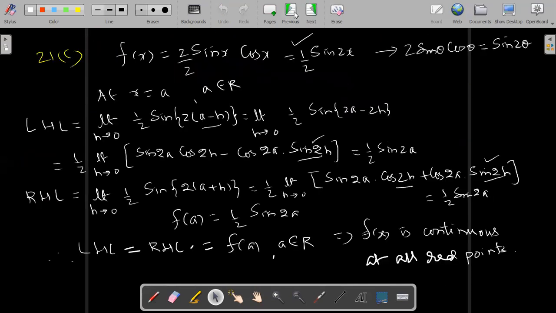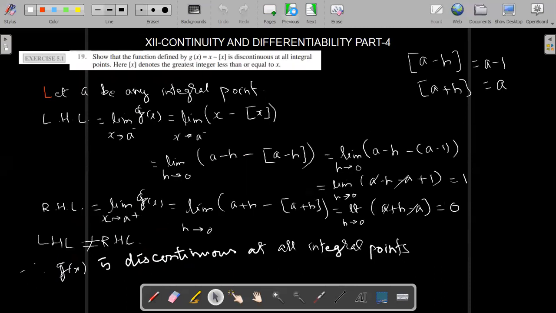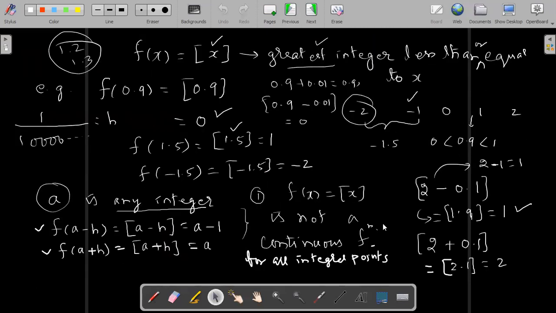Then go back. Yeah, this is the greatest integer. This is the definition: a minus h gives a minus 1, and a plus h gives a. This you must always remember. For the greatest integer less than or equal to x, f(a minus h) is a minus 1, and for a plus h it will be a only.